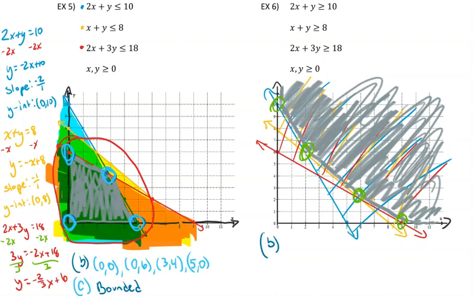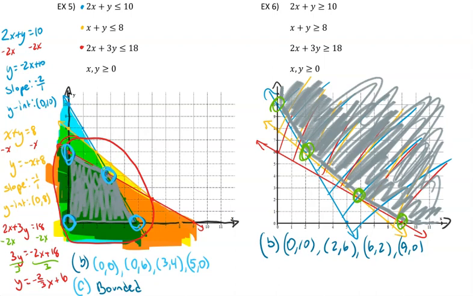Those corner points are at 0, 10, 2, 6, 6, 2, and 9, 0.